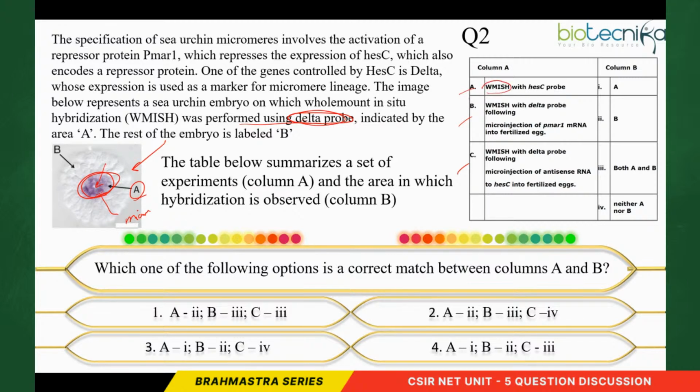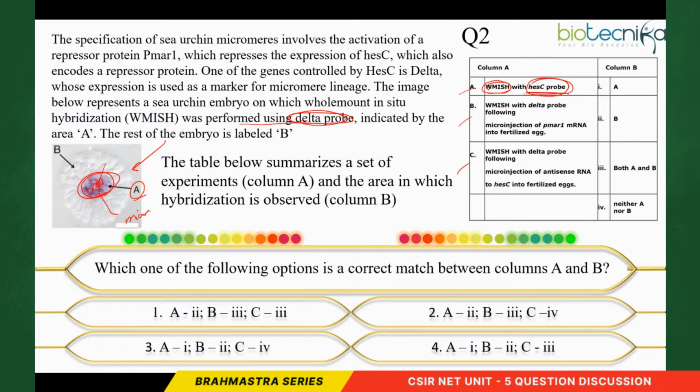Now here we have this in situ hybridization with HESC probe. So if we have the HESC probe, means what? Whichever cell is expressing the HESC probe and is not inhibited, so there you will see this purple coloration. Okay, so we know that in the micromeres, HESC is inhibited, isn't it? HESC is inhibited.